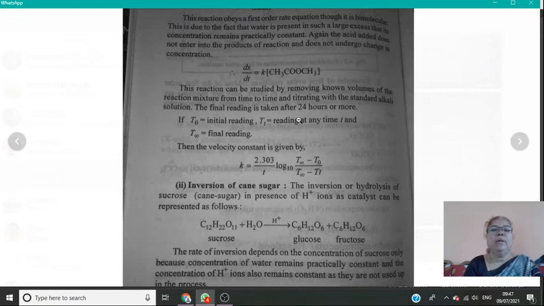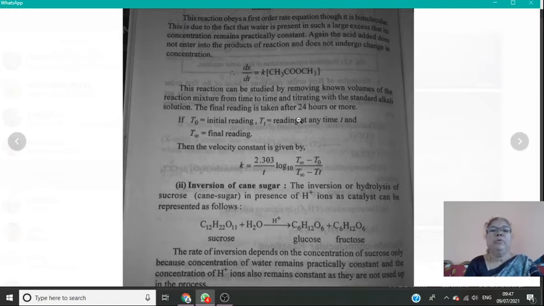And in a second bottle you have to take 100 ml of 0.5 normal HCl solution. Then these two bottles are stoppered and kept in a water bath, and in a burette you have to take 0.1 normal NaOH solution.